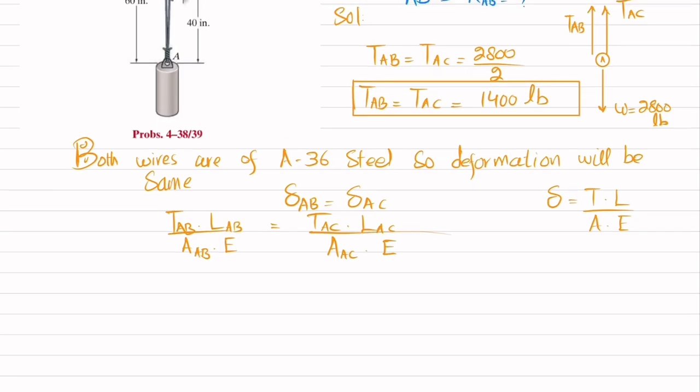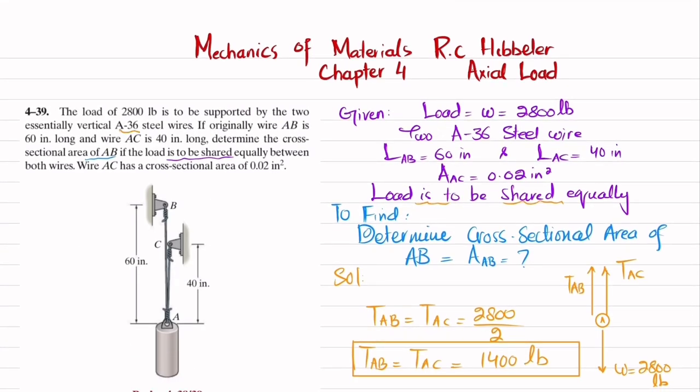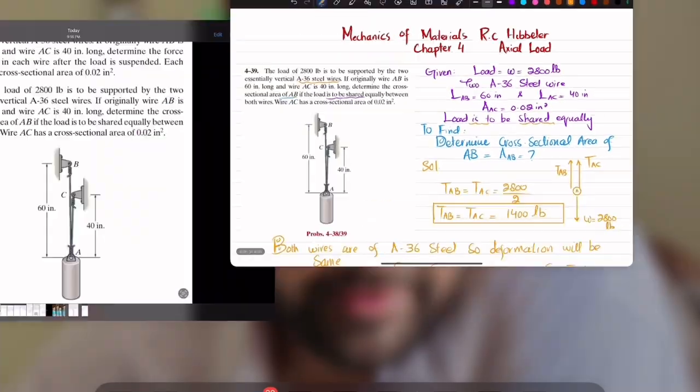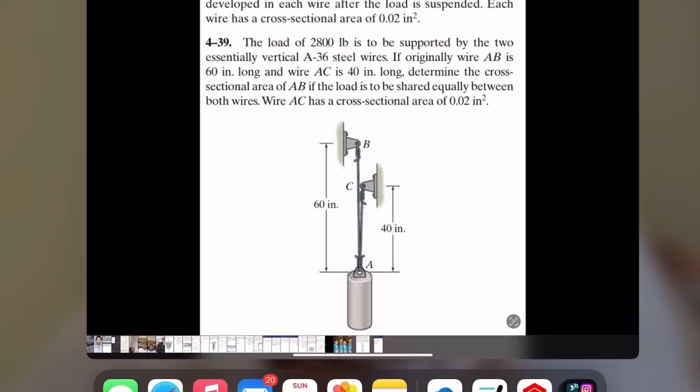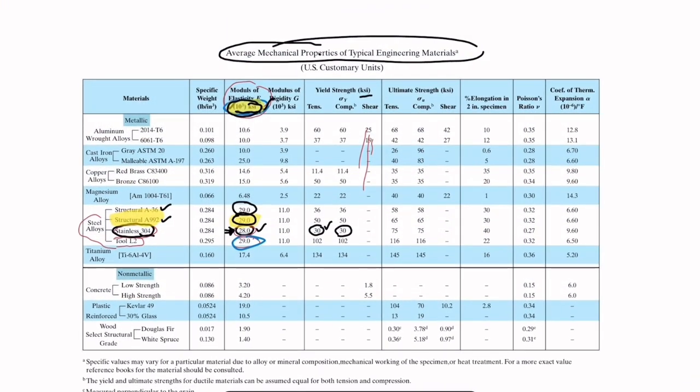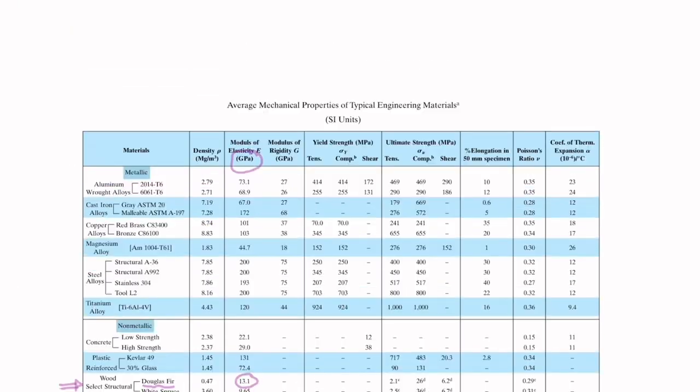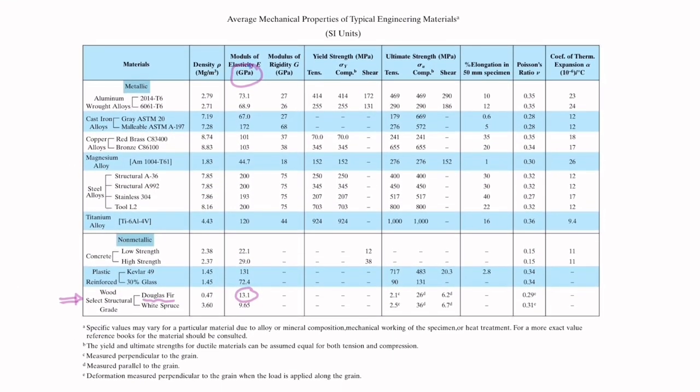Now we do not know E, but we have been given that it is A36 steel wire. So you have to go to the end of the book, to the average mechanical properties, and look for A36 structural steel. You can see this is 29 into 10 raised to power 3 ksi. This is for US customary. If you have been given millimeter or meter, you have to go to the SI units.